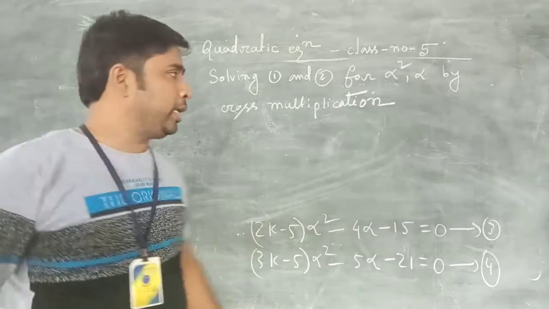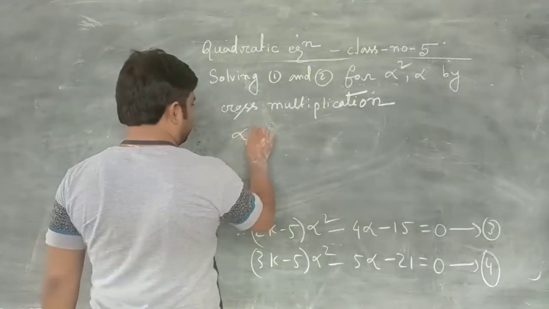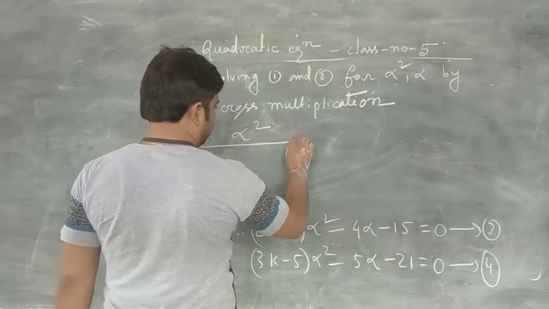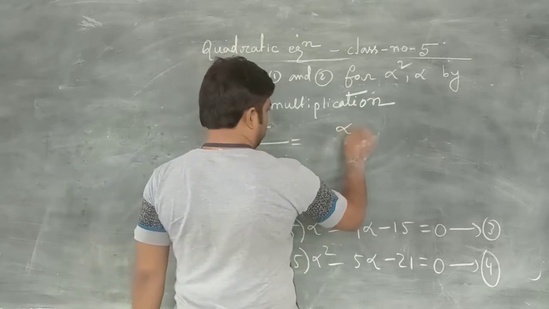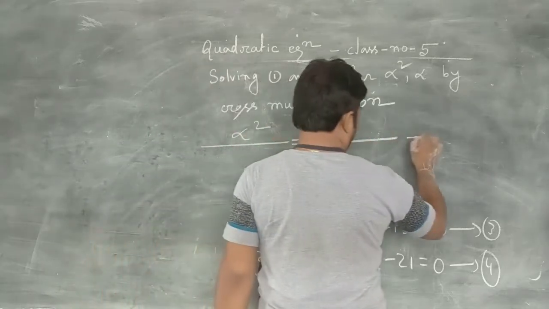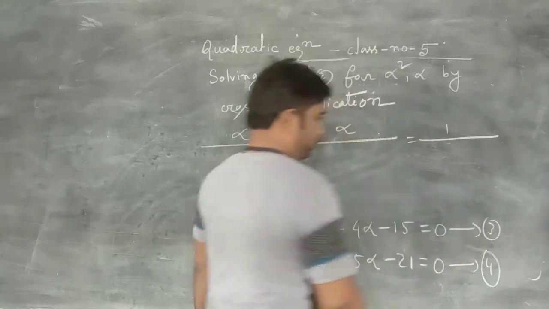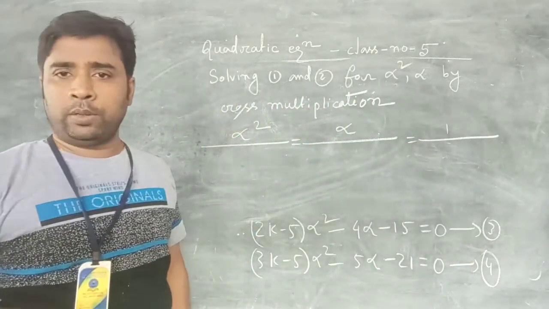Okay, so what we shall write here first? We shall write alpha square first by this, then alpha by this, then 1 by this. That was the rule of cross multiplication.